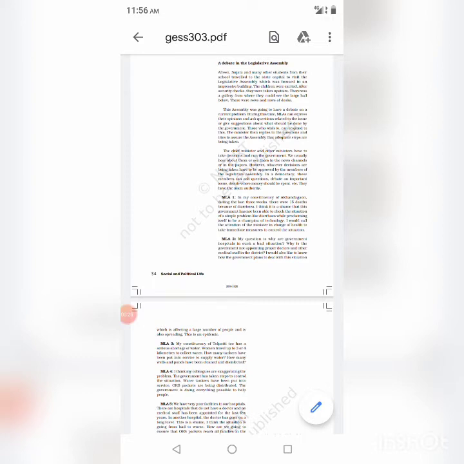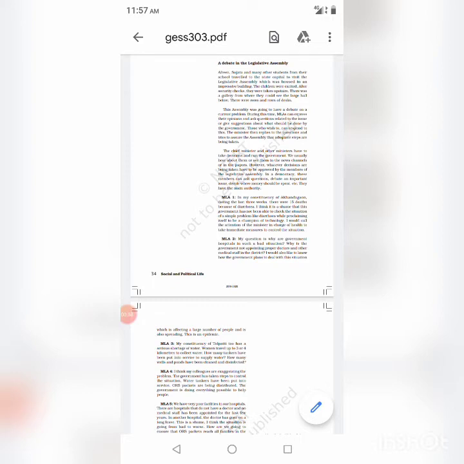MLAs can express their opinion and ask questions related to the issues or give suggestions about what should be done by the government. In a debate taking place in the Legislative Assembly, the minister then replies to the questions and tries to assure the Assembly that adequate steps are taken.